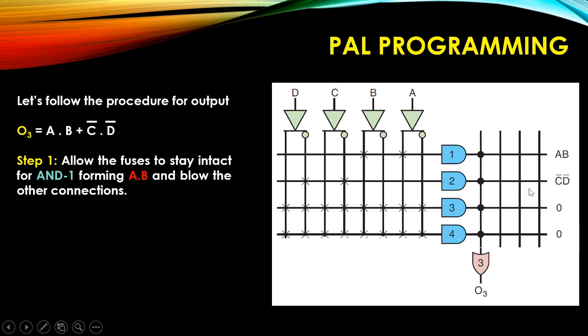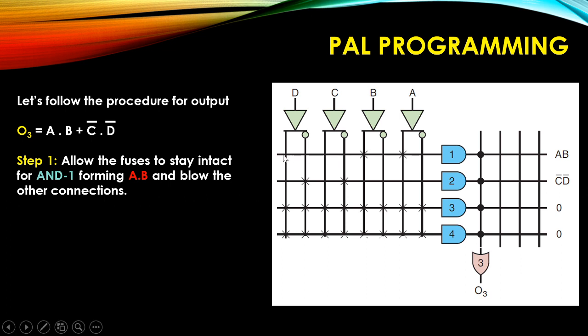If we choose AND gate 1, the output of AND gate 1 will only give out the min term A dot B. Now, initially think about the structure where all the fusible links were available.